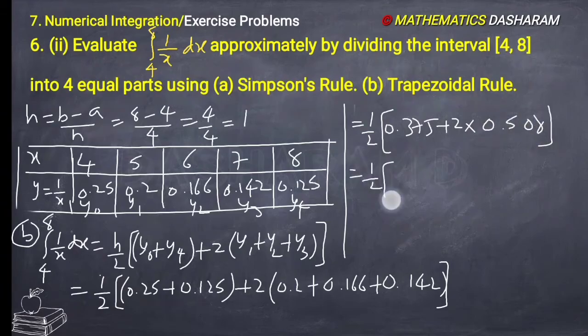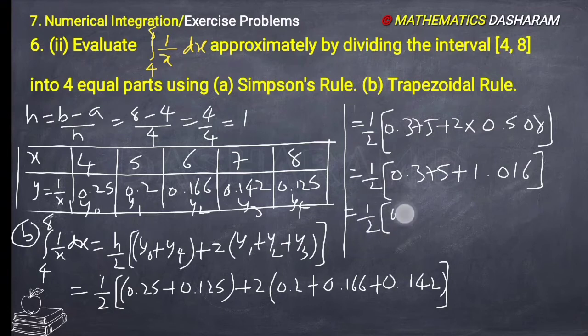So 1 by 2 bracket of 0.375 plus 2 into 0.508 is 1.016. So it is 1 by 2 bracket of 0.375 plus 1.016, total 1.391. So 1.391 divided by 2 is 0.6955.